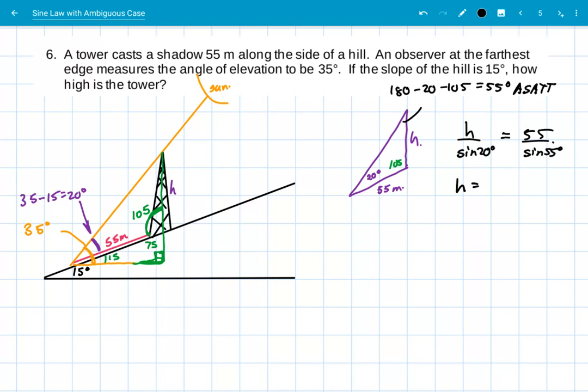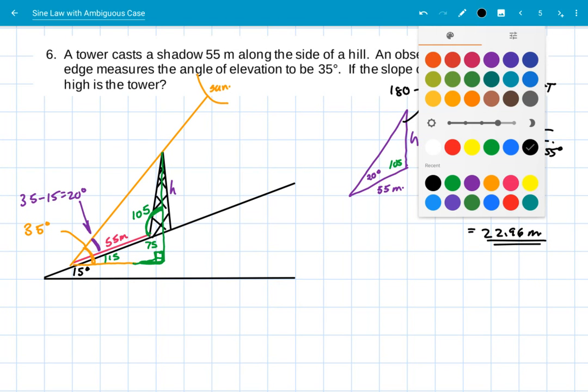And h is equal to 55 sine 20 over the sine of 55. And we have 22.96 meters. That's what I have written down. Hopefully that's right.